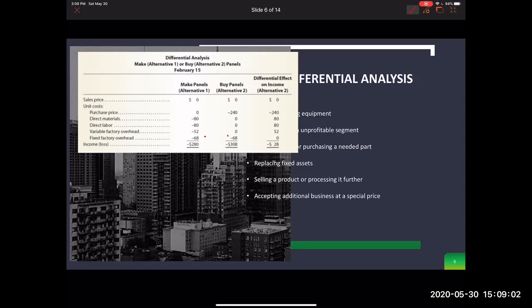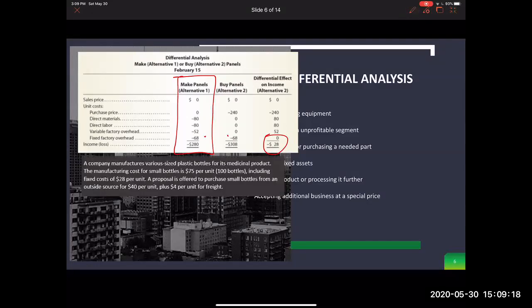So overall, in looking at these two alternatives, it will make more sense for us to make the panel than to buy the panel because it's cheaper for us to make it than to buy it. It's cheaper by $28 per unit. All right, so let's go through this example together and see if we can figure out if we want to make it or buy it.